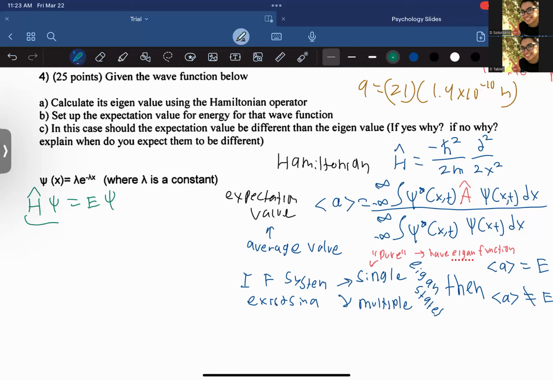We're going to focus on this side here. And we're going to put negative ħ squared over 2m, d squared over dx squared. I guess I should probably put that one further back. I'll leave it.